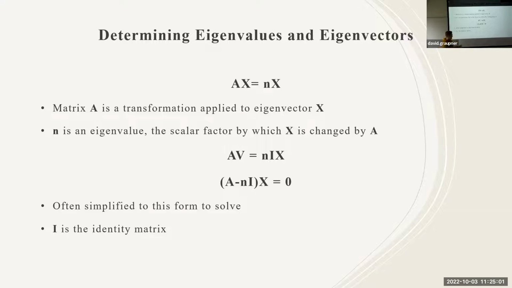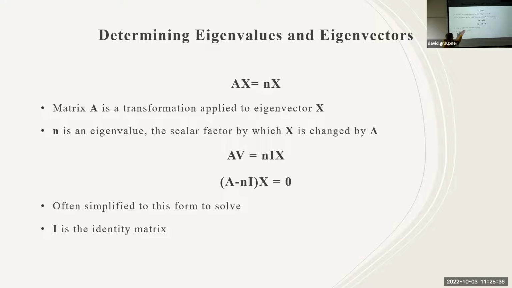In this equation, we have matrix A multiplied by one of its eigenvectors x, and the matrix A transforms the eigenvector. It either stretches it or shrinks it by the same scalar factor n, which would just be like an integer that's its eigenvalue. I hope that's right.